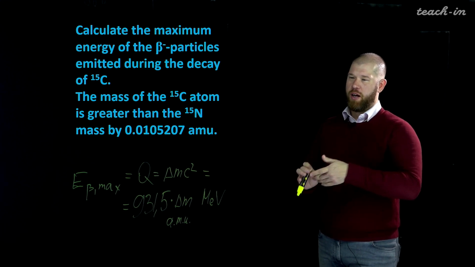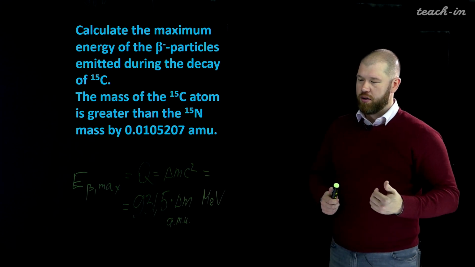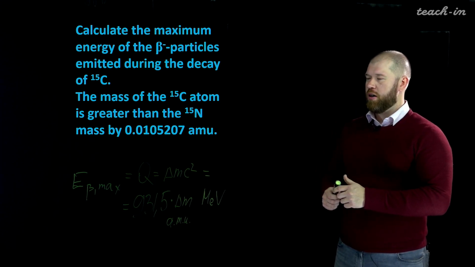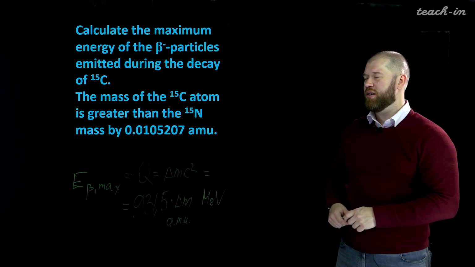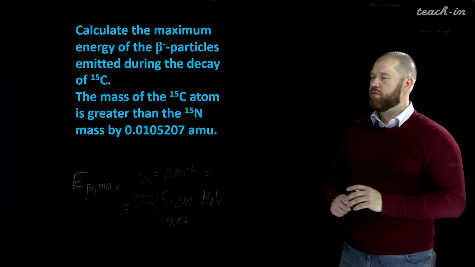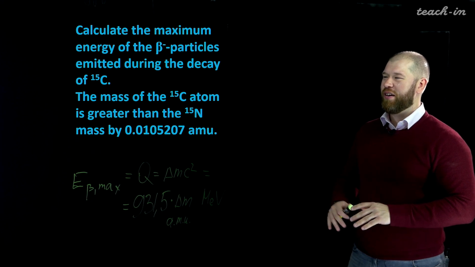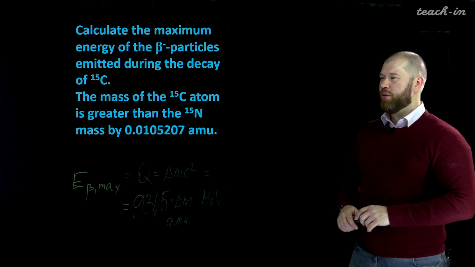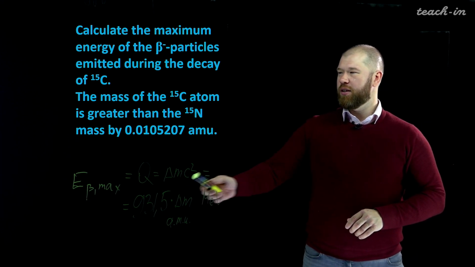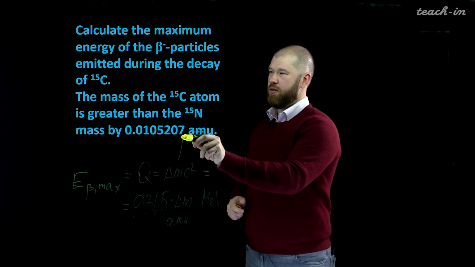And if we know the energy of the released gamma quanta, we should take it out from the energy of the decay to calculate the maximum energy of beta particles. But this is not the case for this task, so it is rather simple. So we know the difference in mass for this task, so it is just this number.